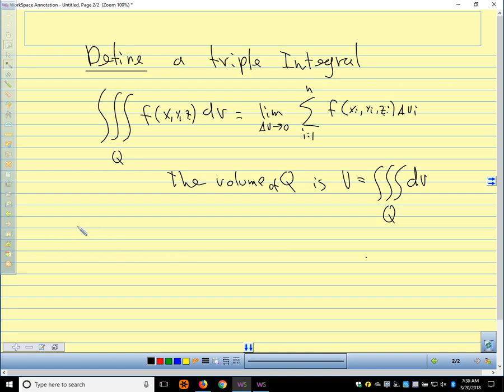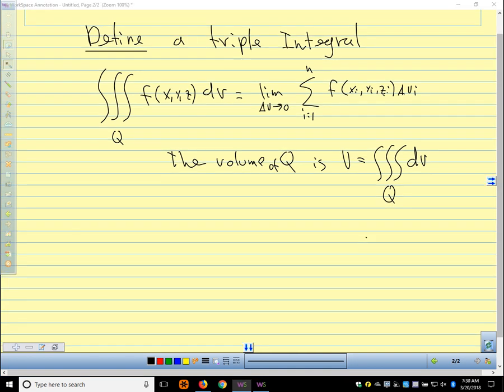Triple integrals have properties that are very similar to properties of single integrals and double integrals. I'm not going to list them all, but we can look at our properties on page 1009. We can sum triple integrals, we can multiply by a constant, all those kinds of things that we're used to being able to do with integrals, we can do with triple integrals as well.